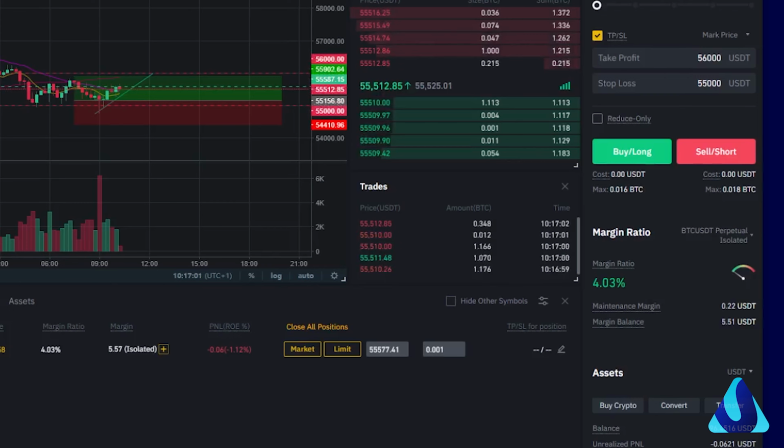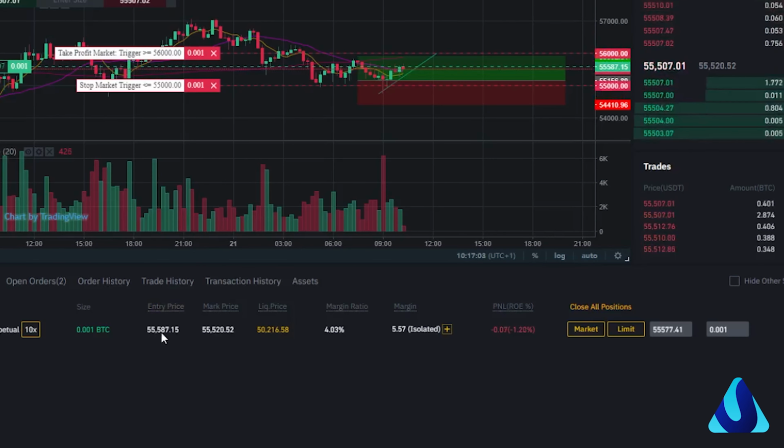As you can see now, if we just look again, entry price 55,587, and the current mark price is dropping, so we've already nearly dropped to $100 in terms of the market price. And if we come across here now, you can see minus 1.93, but we're only at 0.1.